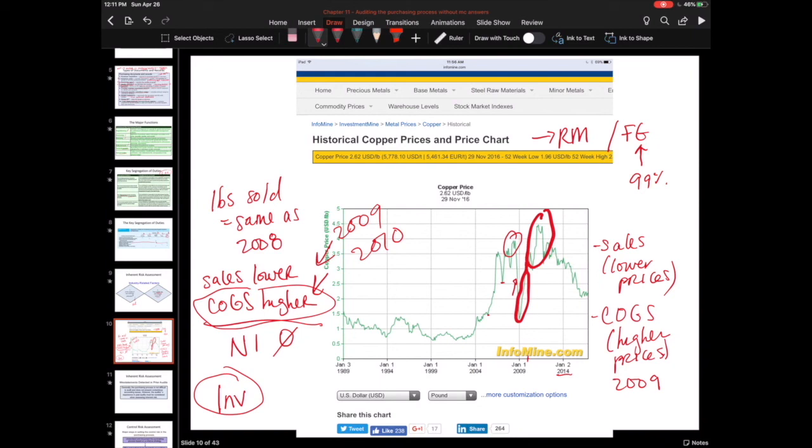So these things can cause a lot of inherent risk of misstatement because it's basically due to valuation, right? Making sure things are valued appropriately. It's basically due to accounting, not due to the actual underlying economics.